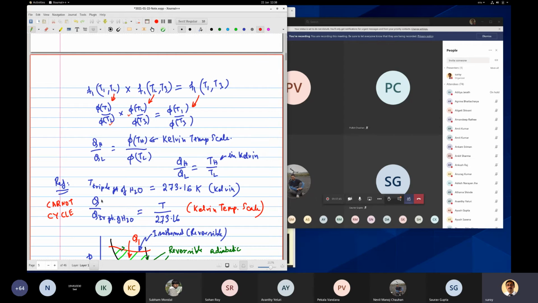Some experiment was done. So Q by Q at the triple point of H2O. The triple point of H2O is 273.16. That is the triple point.